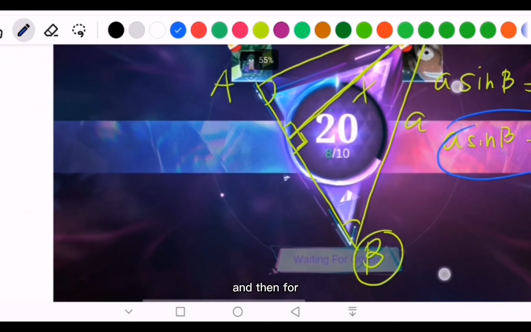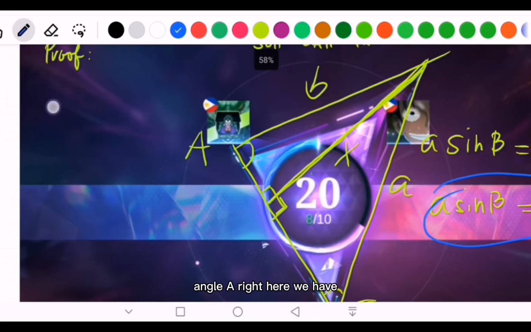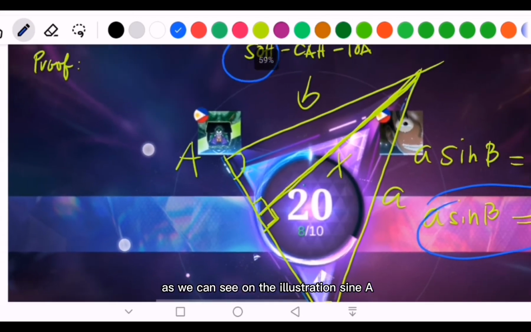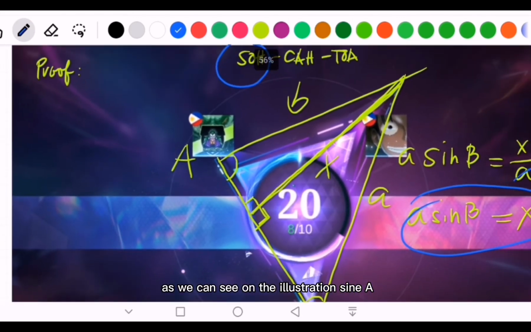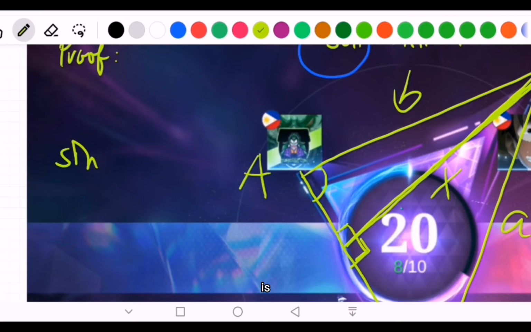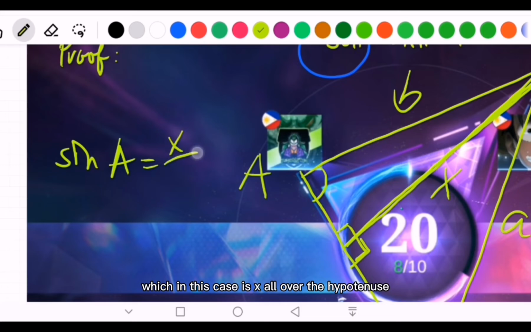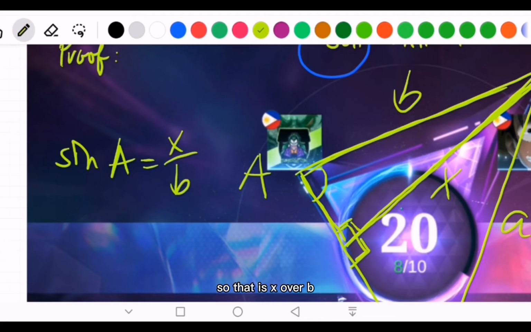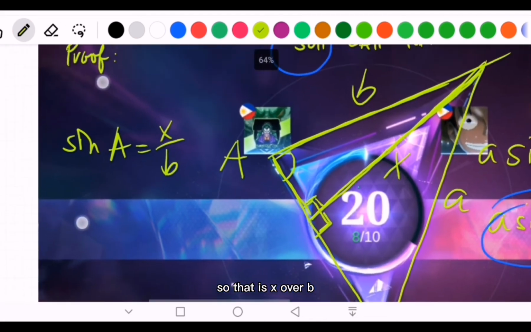And then for angle A, as we can see on the illustration, sine A is equal to the opposite side, which in this case is X, all over the hypotenuse. So we're referring to this right triangle here. And opposite of the 90-degree angle is b, so that is the hypotenuse. So that is X over b.